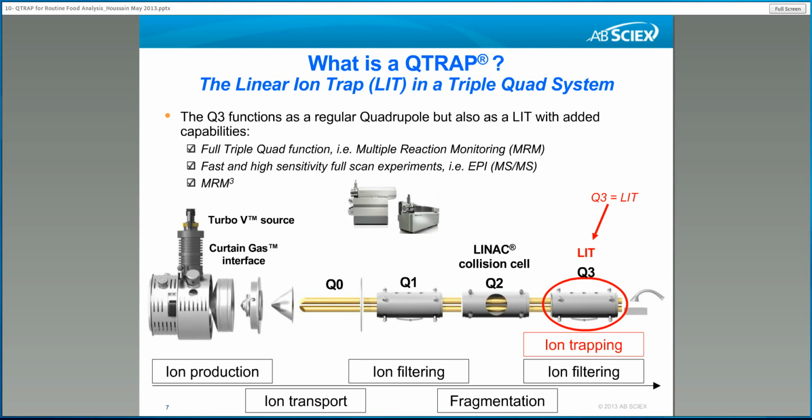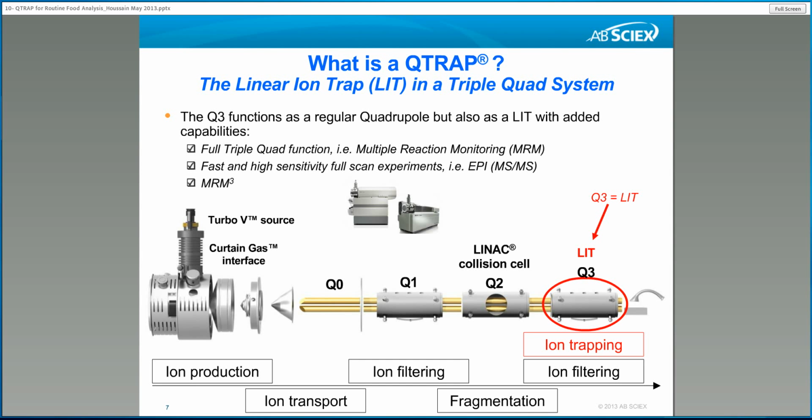Therefore, the QTRAP system is able to do regular MRM function and could also trap, dissociate, and accumulate the fragments to do a fast and highly sensitive full scan experiment. This includes, as I said before, the Enhanced Product Ion scanning, or EPI.